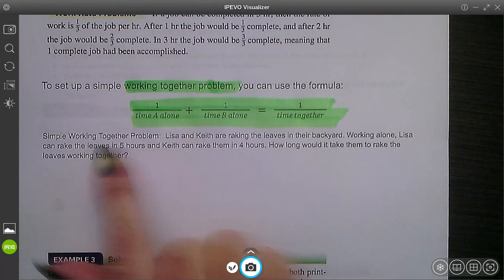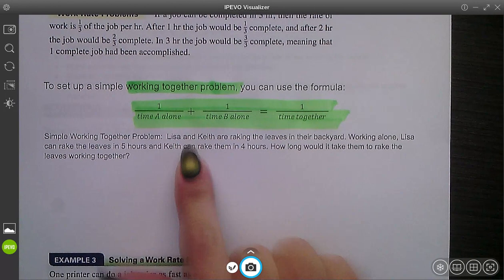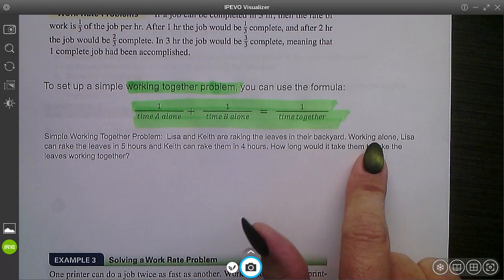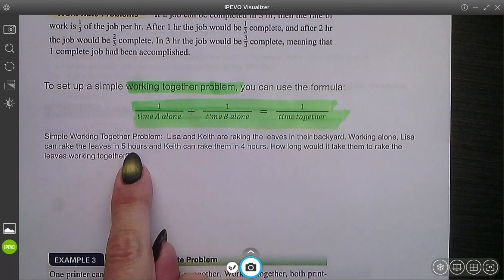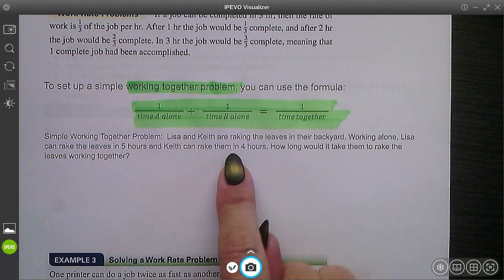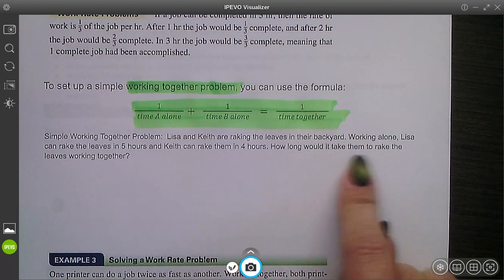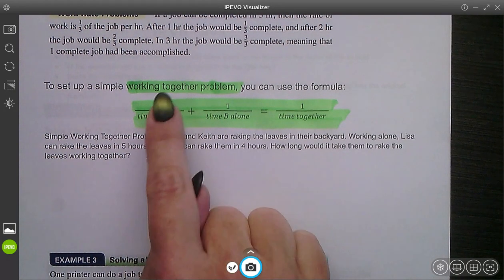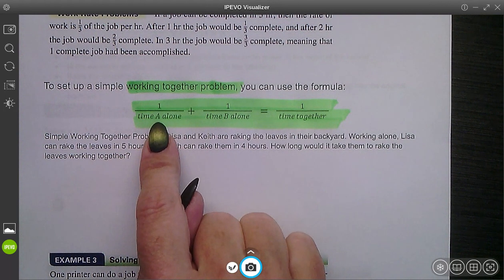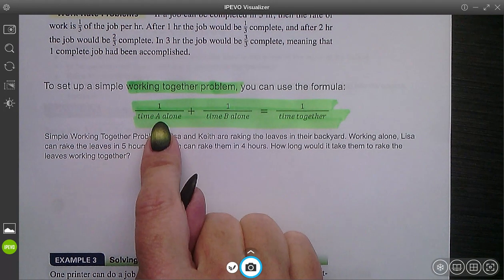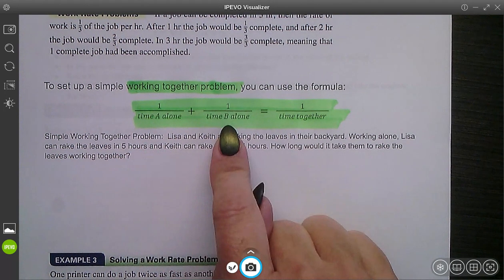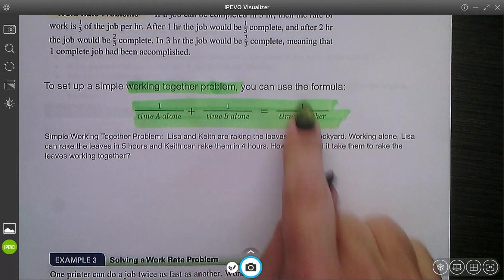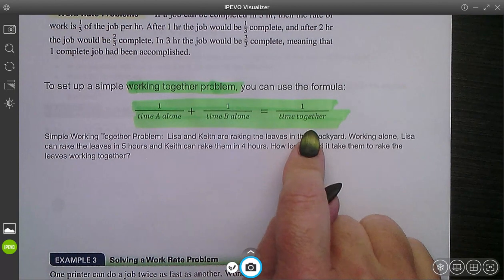Here we have Lisa and Keith are raking the leaves in their backyard. Working alone, Lisa can rake the leaves in 5 hours, and Keith can rake them in 4 hours. How long would it take them to rake the leaves working together? So I'm just going to take 1 over Lisa's time working alone plus 1 over Keith's time working alone is going to equal 1 over the time it would take them working together.